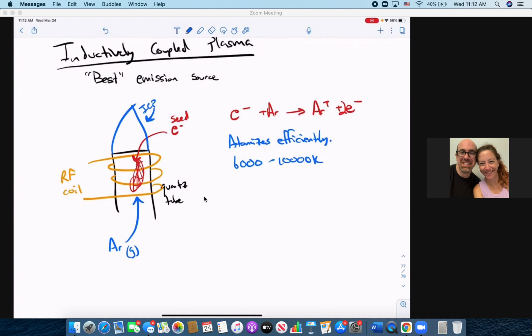And if you go back to the Boltzmann equation, where you have the ratio of the upper and lower states, it's equal to the degeneracies, which are constant, times this exponential term of the transition energy, Boltzmann's constant, and the temperature, right? So more temperature equals more excited state atoms.